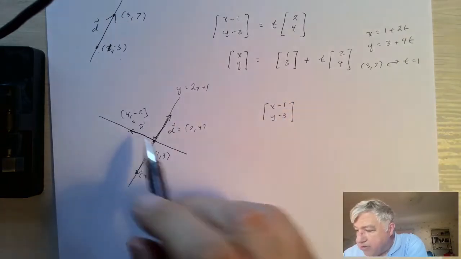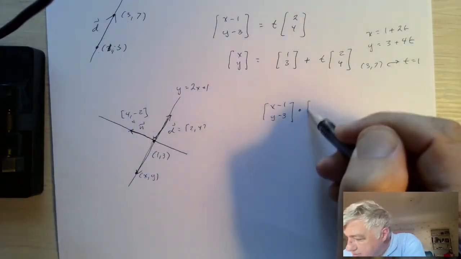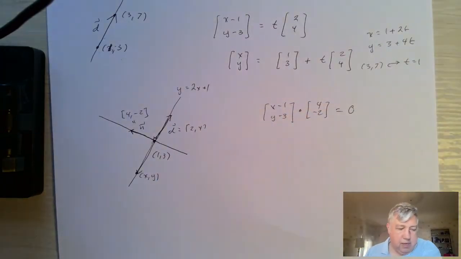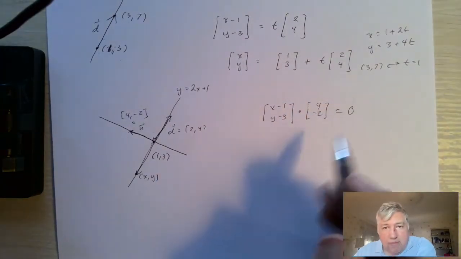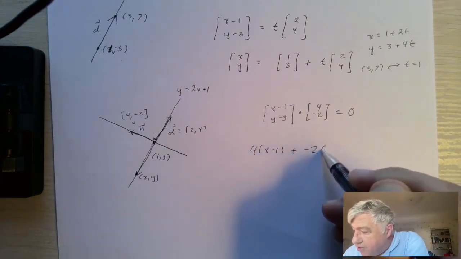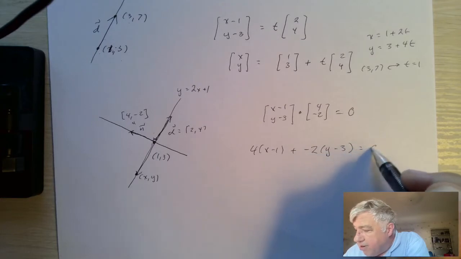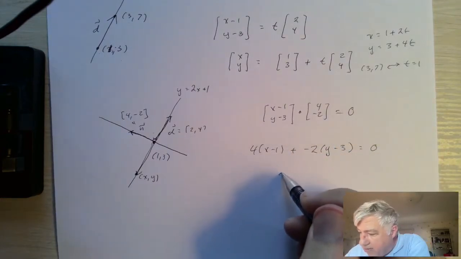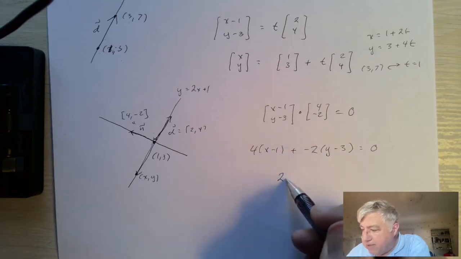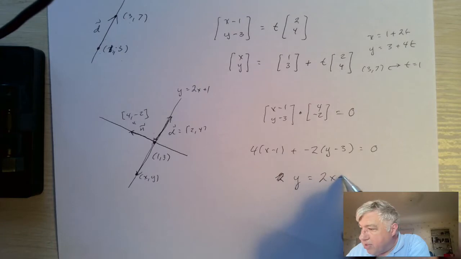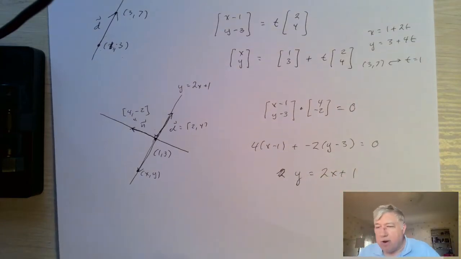This is orthogonal to 4, -2, so their dot product is 0. If we multiply this out, this is 4 times x minus 1 plus -2 times y minus 3 equals 0. And if we multiply everything out and simplify things, we get our original equation, y equals 2x plus 1. So we're right back where we started.